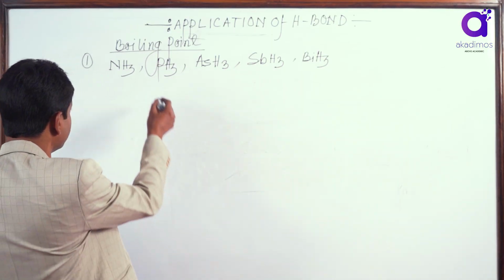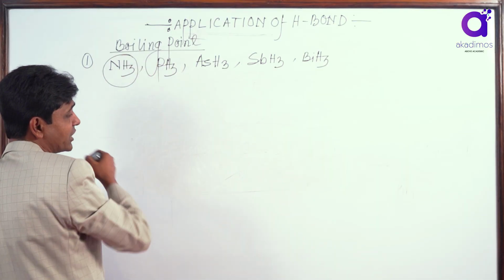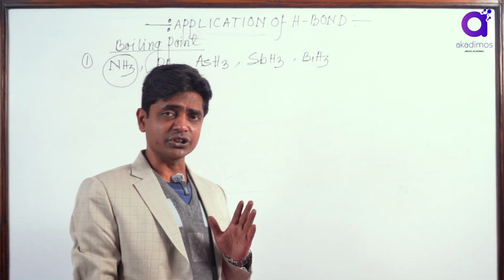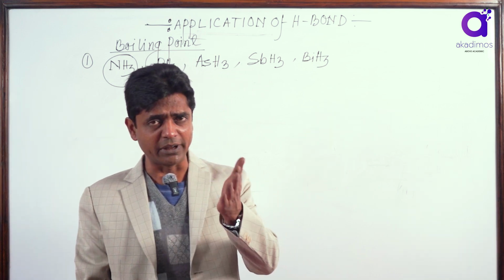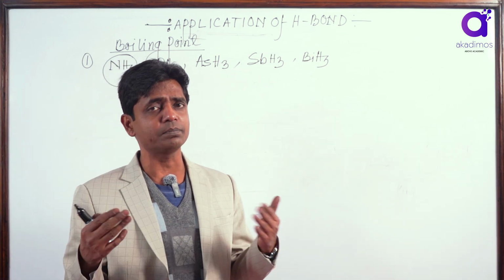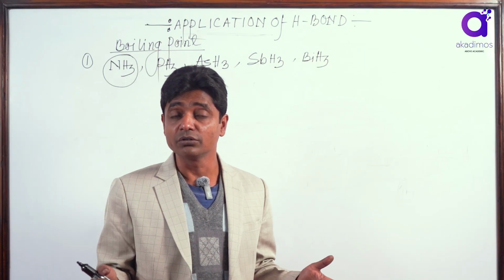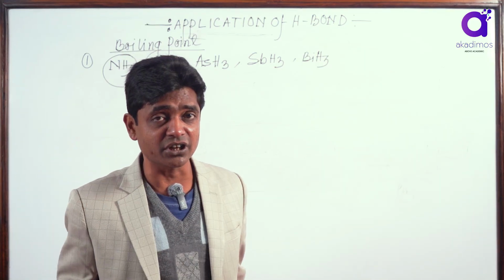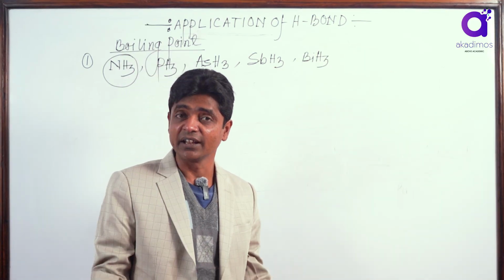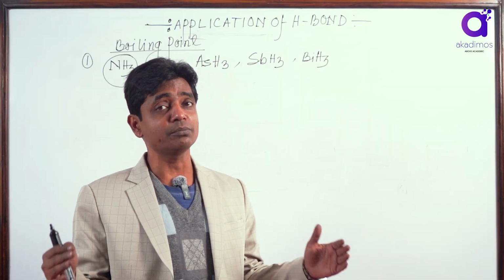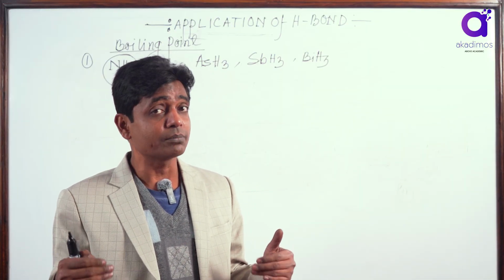But in NH3 we get intermolecular hydrogen bond. Nitrogen of one ammonia molecule will make hydrogen bond with H of another ammonia molecule, which increases the intermolecular attraction and the association.